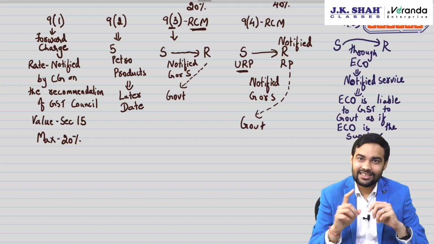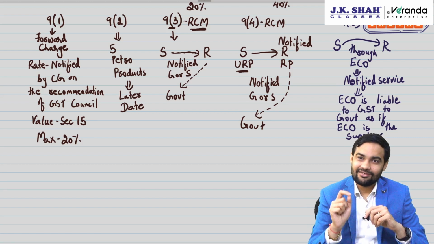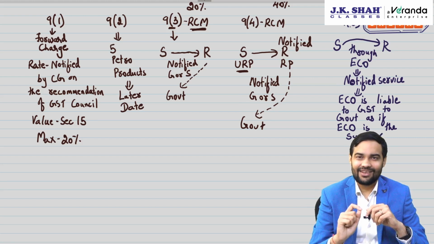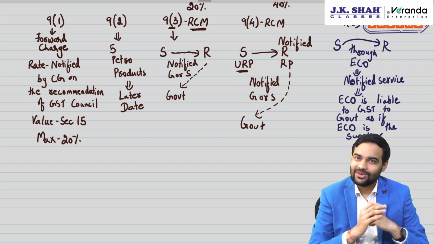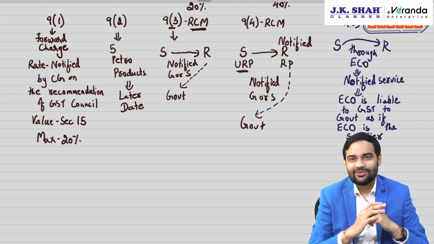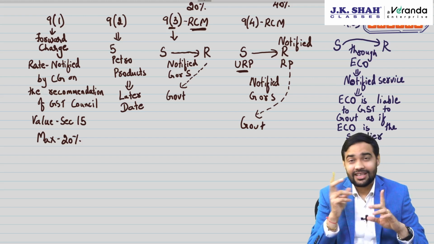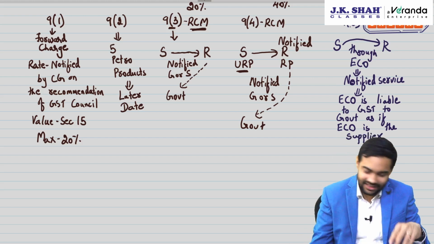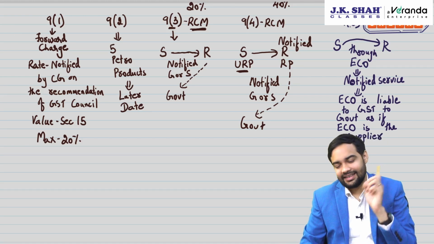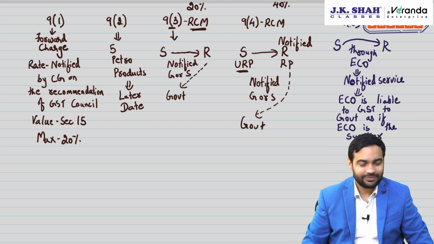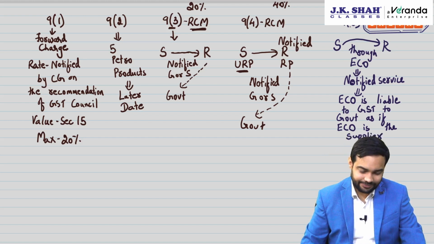Only one exclusion, where the restaurant is within an accommodation where the declared tariff of any of the accommodations is more than 7,500 per day. Third one was housekeeping. Fourth one, accommodation. And for housekeeping and accommodation, if the supplier is liable to register, then it will be a case of 9.1. Only other than that, it would be a case of 9.5. We will anyways deal with it in detail in RCM and ECO discussion.